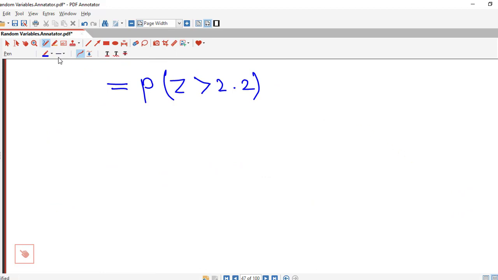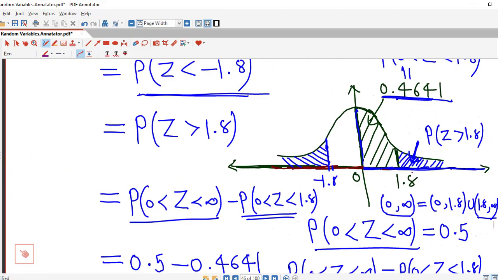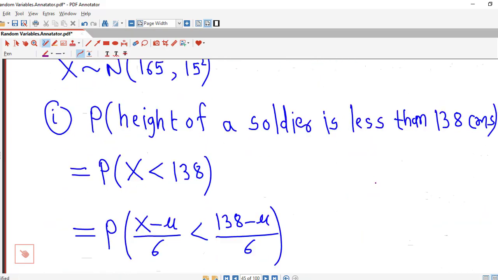So for that we again sketch the standard normal curve. It is a symmetric curve, so roughly we sketch this symmetric normal curve. Suppose this is 0, and suppose this point is 2.2, and we are given that the probability that z lies between 0 and 2.2 is 0.4861.